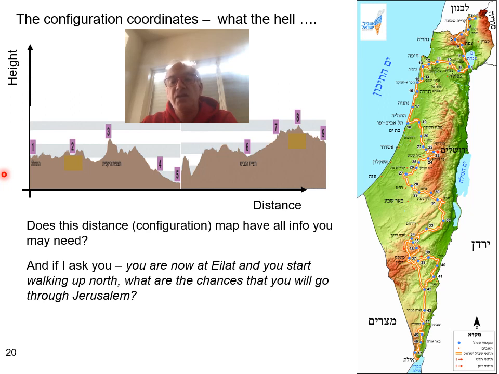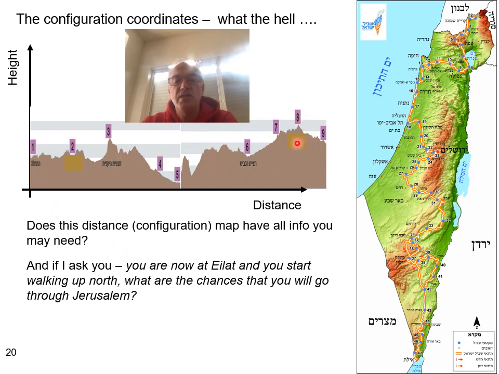One of the things that is missing, for example, if you look at this map only, and I ask you, if you are going across the state of Israel from south to north, or vice versa, what are the chances that you will go through Jerusalem?